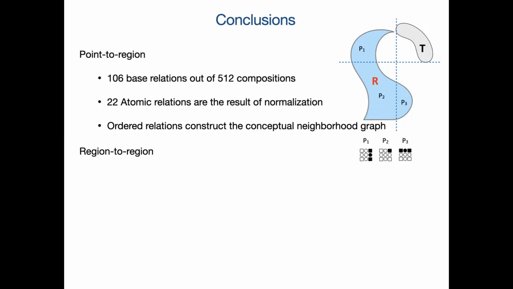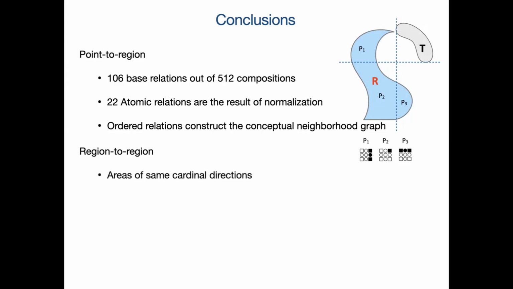Then it allows us to introduce the region to region direction relations. All these concepts do not follow any approximations. We are just treating our extended object as it is.